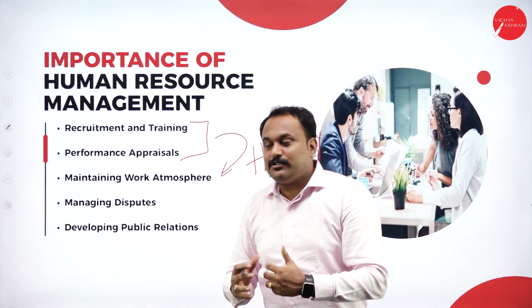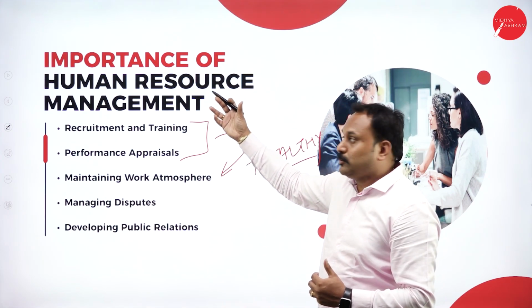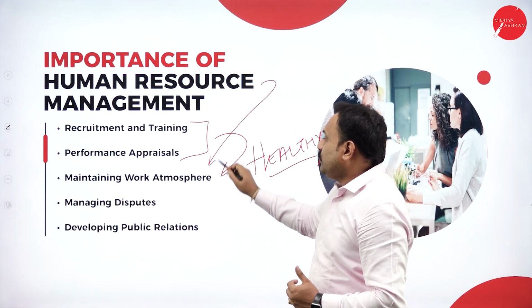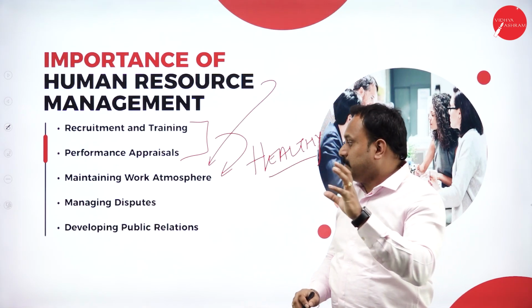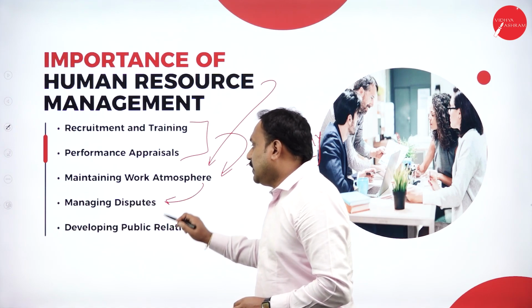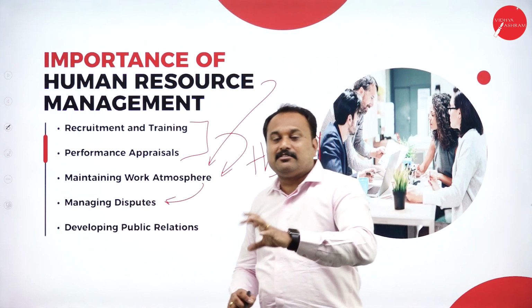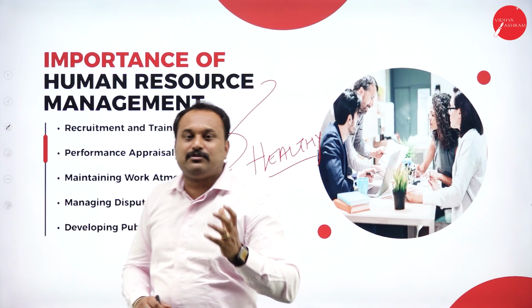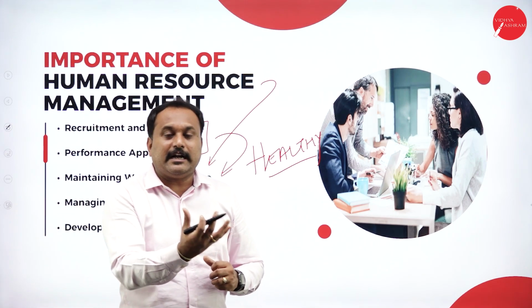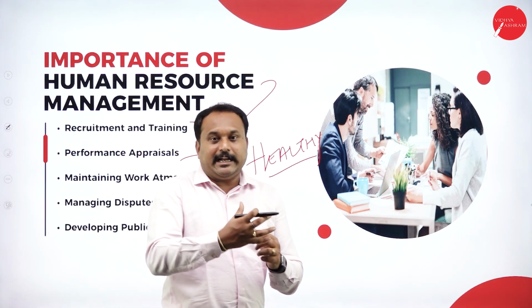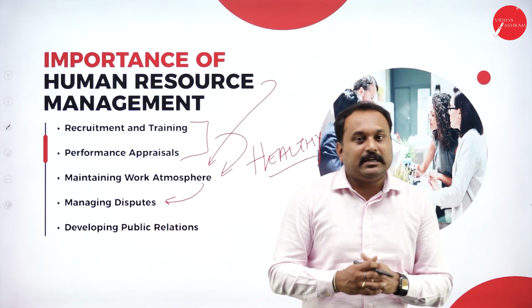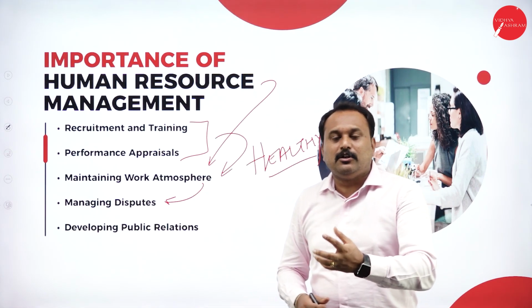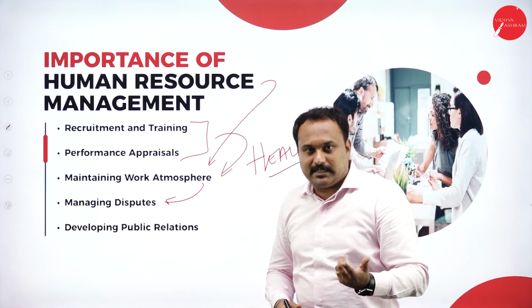So this is what happens, where we need to understand through human resource management, we can maintain the work atmosphere, plus we should also resolve the small disputes, manage disputes, any kind of thing that we are supposed to neglect and then move forward. That is the maturity level you people will get when you understand more of human resource management. You will not crib about small mistakes.